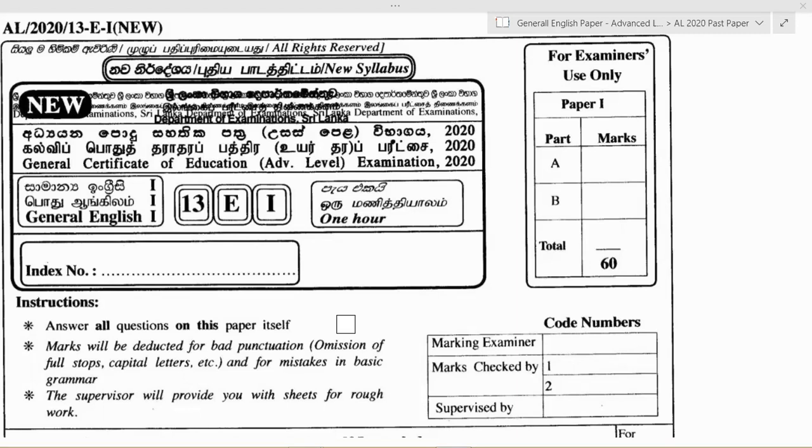My main objective by publishing this video is to deliver a message to those who are taking the GCE Advanced Level examination in the future, that whatever level you're taking the exams, English is a language where it's relevant, whether you are writing O level or A level.